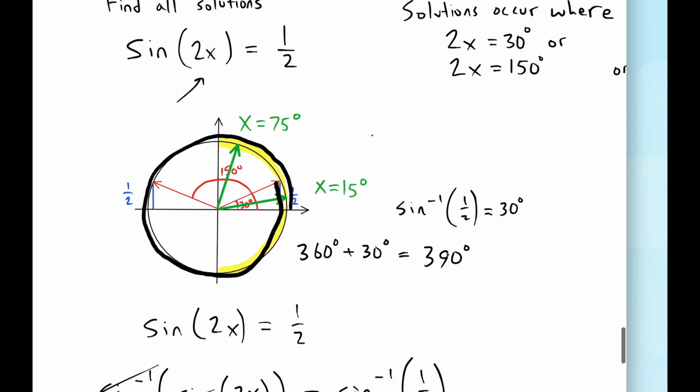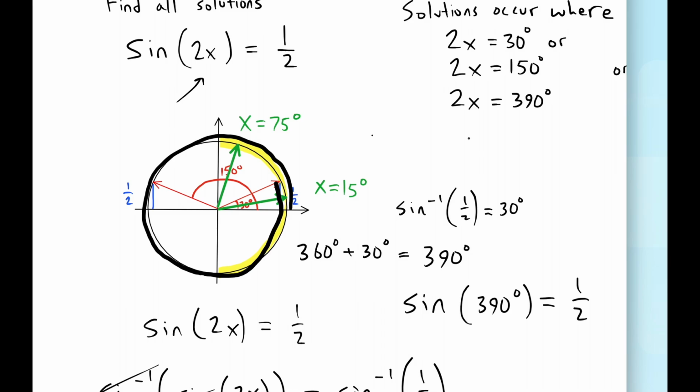And the reason why I'm bringing that up is because the sine of 390 degrees would also be 1/2. So my point is that even though 2x equals 30 is a possibility for a solution and 2x equals 150 is a possibility for a solution, also, if that 2x were to be 390, that would be a solution as well.